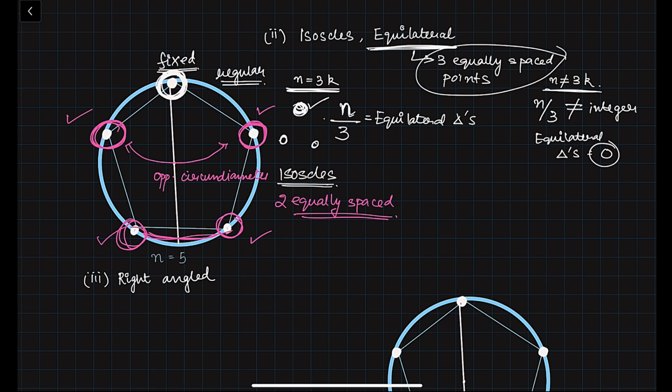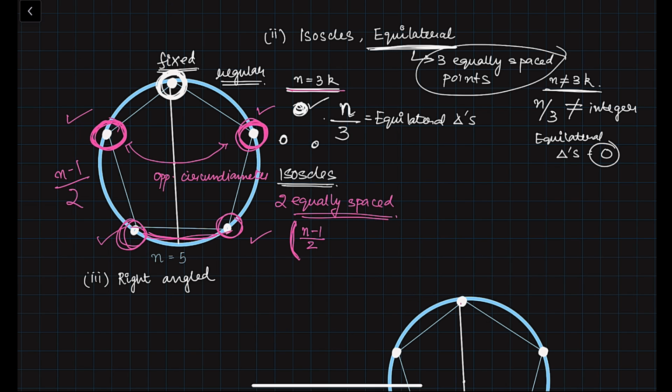Okay, so for every fixed point, we have n minus 1 by 2 choices, because if we choose any n minus 1 by 2 points here, we need to choose the other point opposite to it along the circumdiameter, right? So n minus 1 by 2.